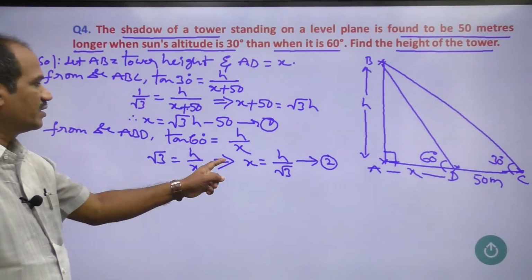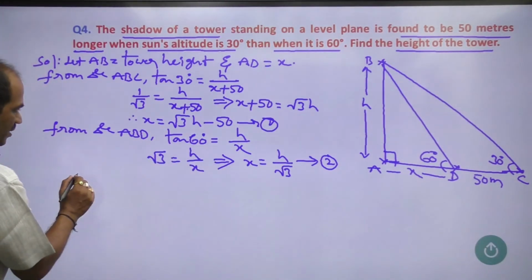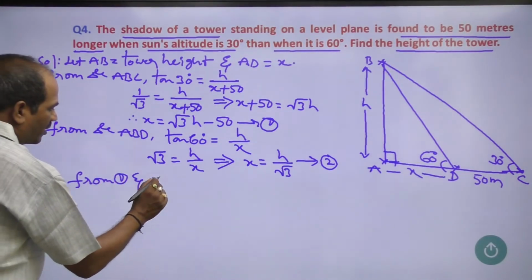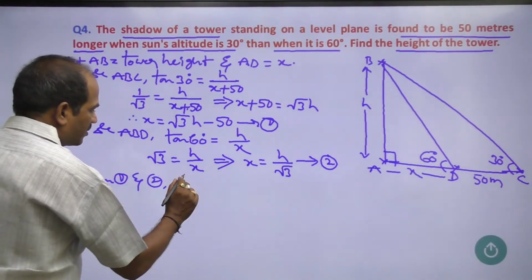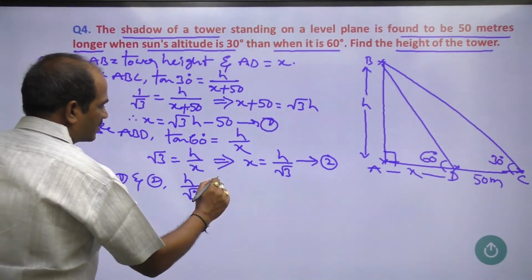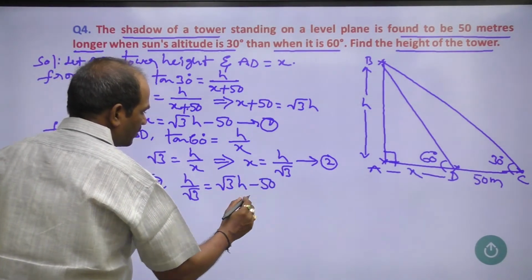So from 1 and 2, this is also the x value. So h by root 3 is equal to root 3 h minus 50.